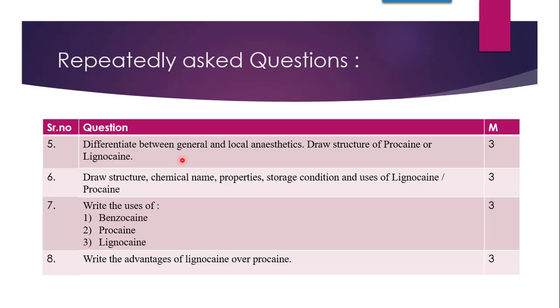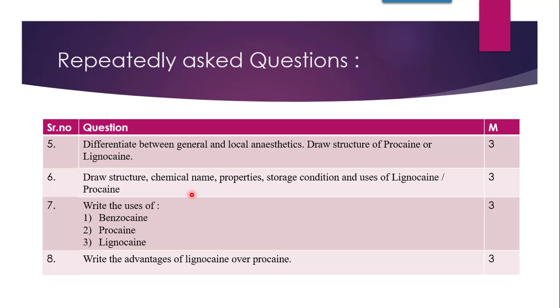Then moving towards the next question, that is question number 6. In question number 6, you are supposed to draw the structure, chemical name, properties, storage condition, and uses of lignocaine. Structure, chemical name, properties is the 3rd point, storage is the 4th point, and uses is the 5th point.